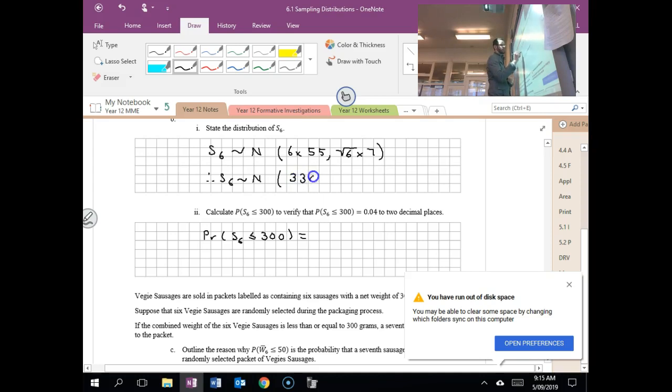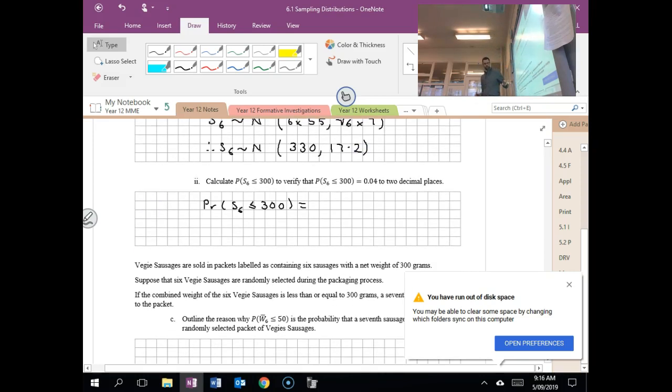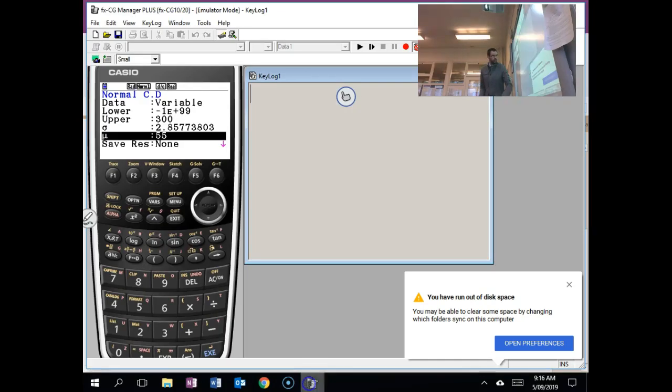And root 6 times 7. That's 17.15, or round that to 17.2. Okay, now we're ready. So, 7 times square root of 6, and it's 55 times 6.